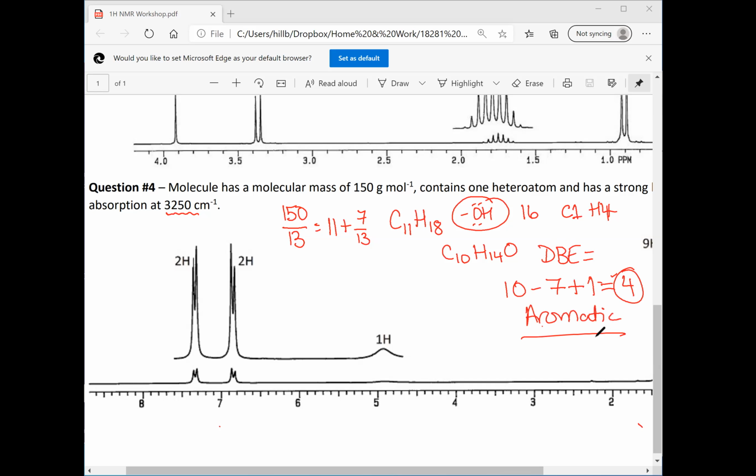And the protons of an aromatic, do you remember where they come out? So they come out between, say, 6.5 and 8, right?